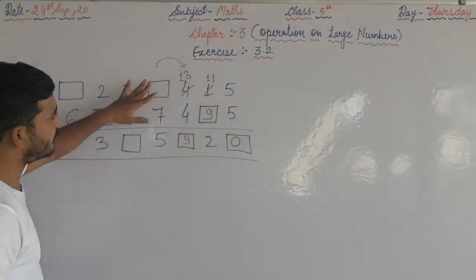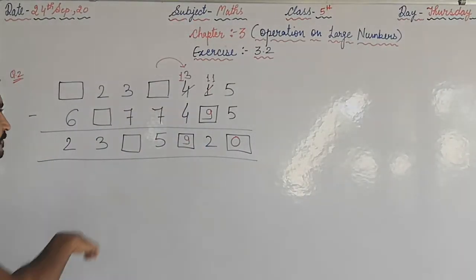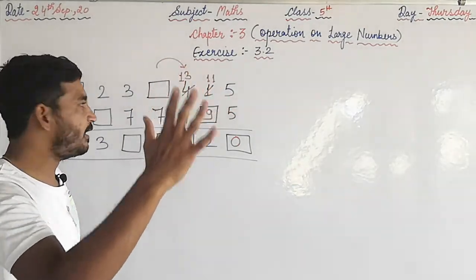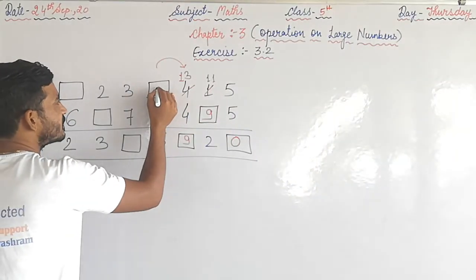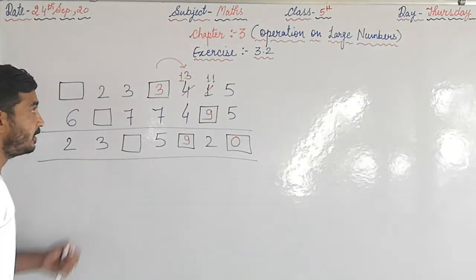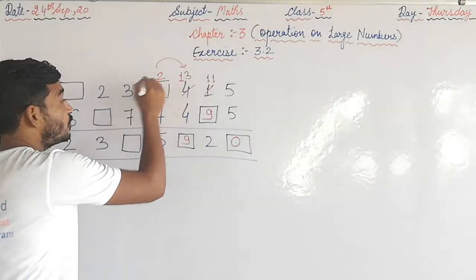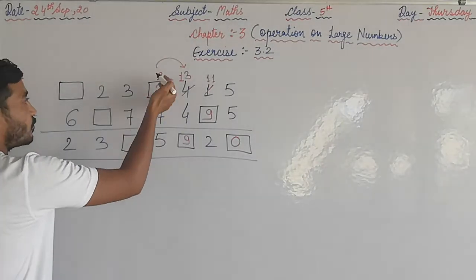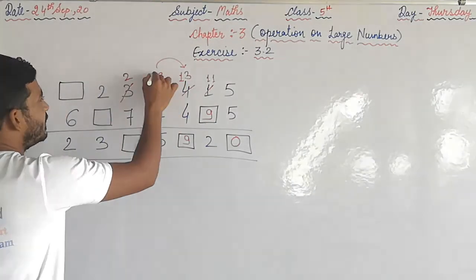7 you have to subtract from a number to get 5 as a result. So 7, 8, 9, 10, 11, 12. 12 means here you have to write 13, one more, 3. See here, when you borrow 10, here it becomes 2, and 7 cannot be subtracted from 2, so we have to borrow 10, here it becomes 12.